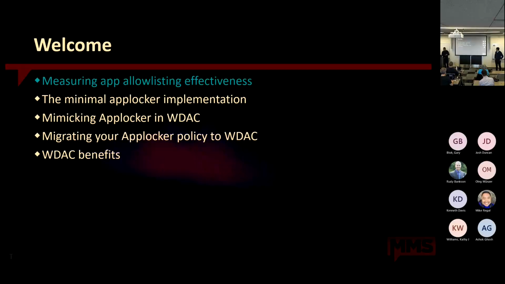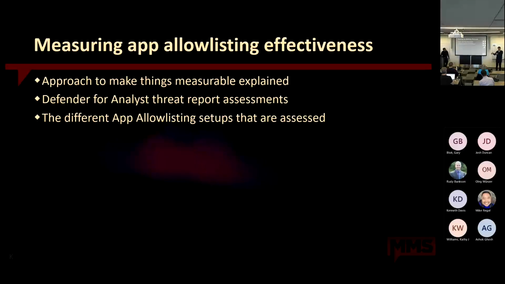So the first one is measuring the allow listing effectiveness. Because you have AppLocker, you have WDAC, and you have different configurations of each and every one of those. We were trying to come up with good policy advice for our customers: okay, do this, don't do that, maybe do that.